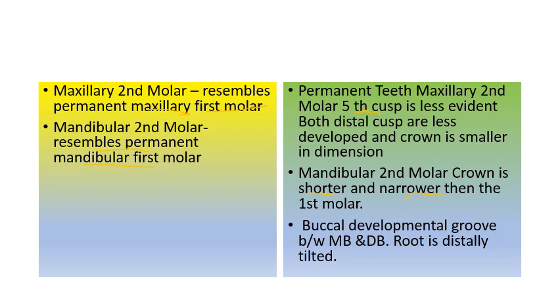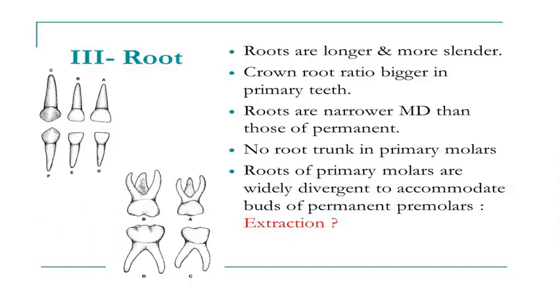The buccal developmental groove between the mesiobuccal and distobuccal groove is present, and the root is distally oriented in the permanent teeth. Here you can see the cervical constriction, which is more constricted in the primary teeth as compared to the permanent teeth.